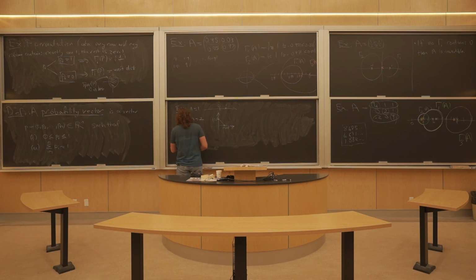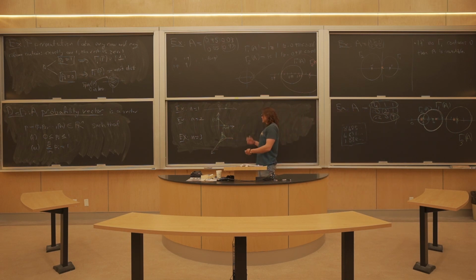So let me do one more thing. N equals 3. Now I need to go one more step, one more dimension higher. So now I'm in 3 dimensions. And this time I'm going to see a triangle, right? Any point on that triangle tells you a probability, and so on.